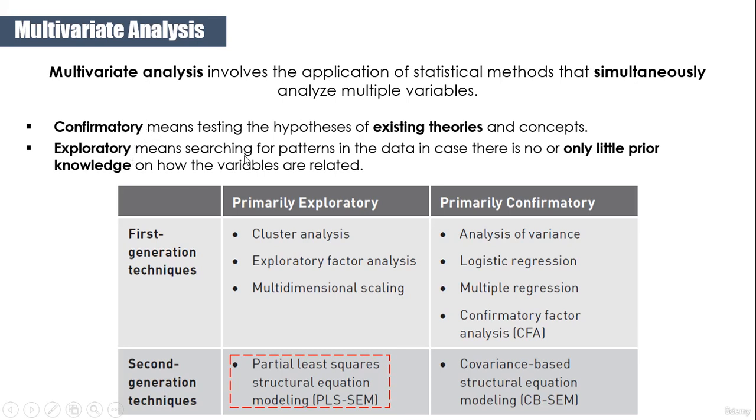But exploratory means searching for patterns in the data in case there is no or only little prior knowledge on how the variables are related. That means we are trying to explore the relationship, or say, for the existing theory proposed, we are trying to add any additional variable to that particular theory that was established previously. At that time we can apply this exploratory one.